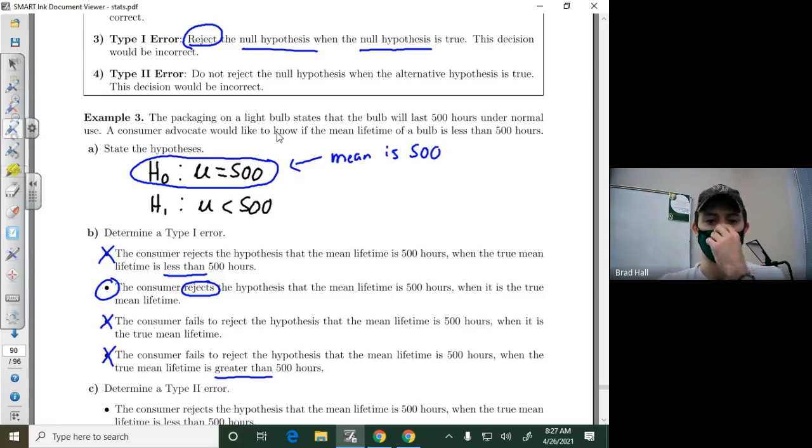That's exactly what it says in words. So what this says, it rejects the hypothesis that the mean lifetime is 500 hours when it is the true mean lifetime. So this is if you accidentally disprove or you accidentally reject something that's true. That is an error. And in particular, that's called a type 1 error. So that's how someone could commit a type 1 error.